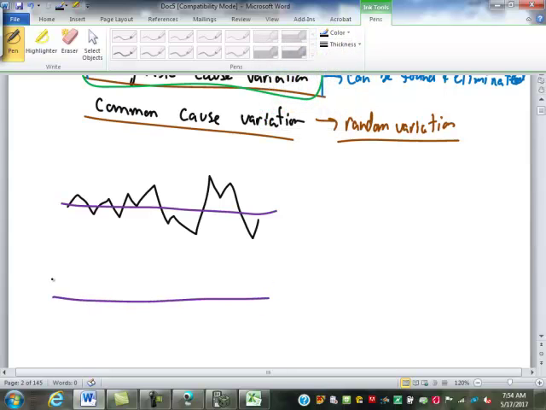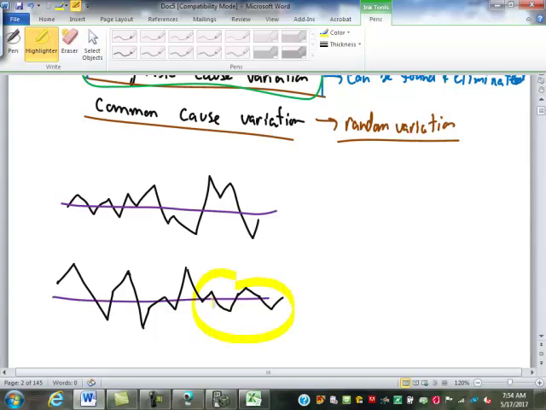If I had a pattern like this, is there a noticeable pattern there towards the end? They're starting to get closer and closer to the center line here, aren't they? Is that something to concern myself with?